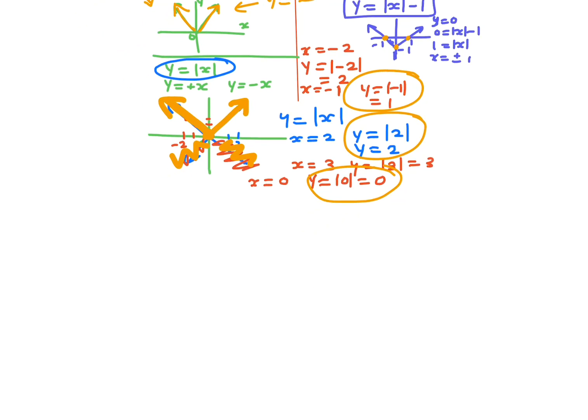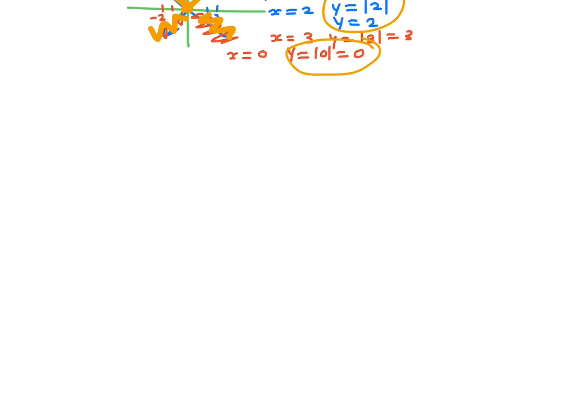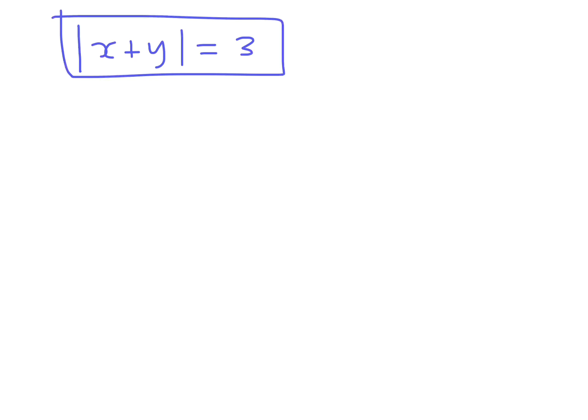Okay, so what I'd like to look at now is, if we look at these absolute value curves and we put the x and the y inside the absolute value, so it's not like your standard one, then basically what's inside here could have been a plus or a minus.